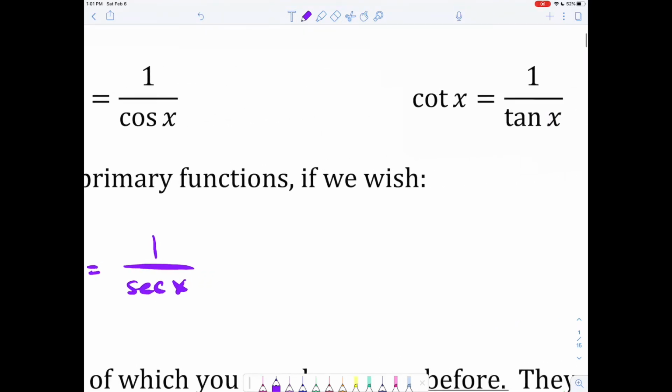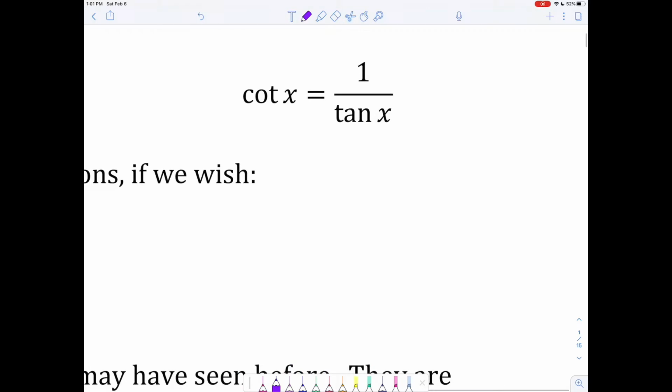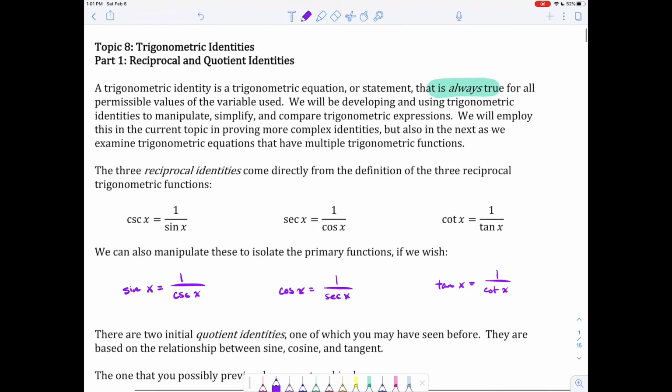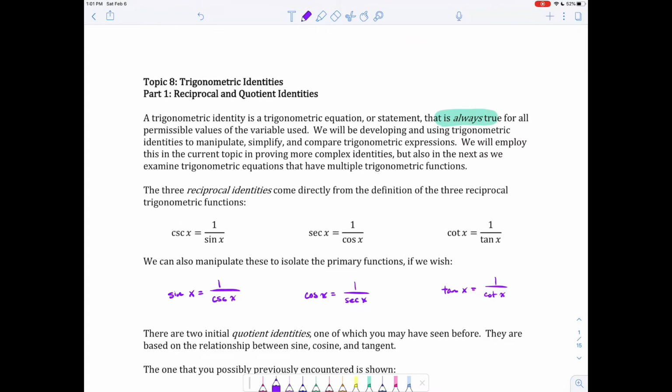And finally, if cotangent is the reciprocal of tan, we can say that the tan function is the reciprocal of the cotangent function. It's not necessarily necessary to memorize any particular way, but we should absolutely know the definitions of these three right here.